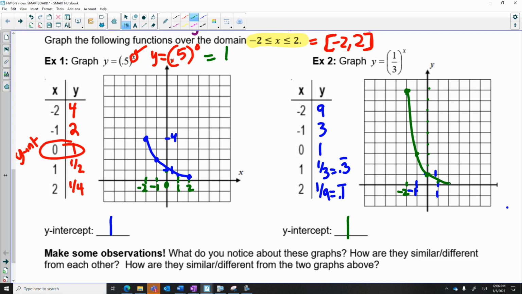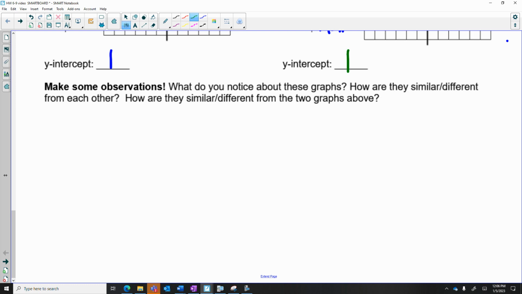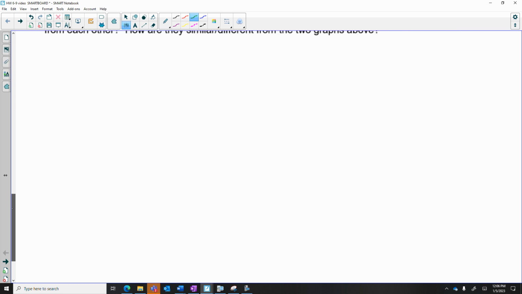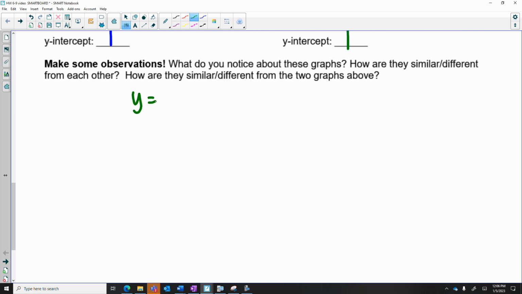All right, so do you guys see with this one, (1/3) to the x is steeper than (1/2) to the x. Steeper slope, especially to start. It's really steeper. Interesting. Okay, so what do they have in common and what is different? In this case, y equals (1/3) to the x is steeper than y equals (1/2) to the x.